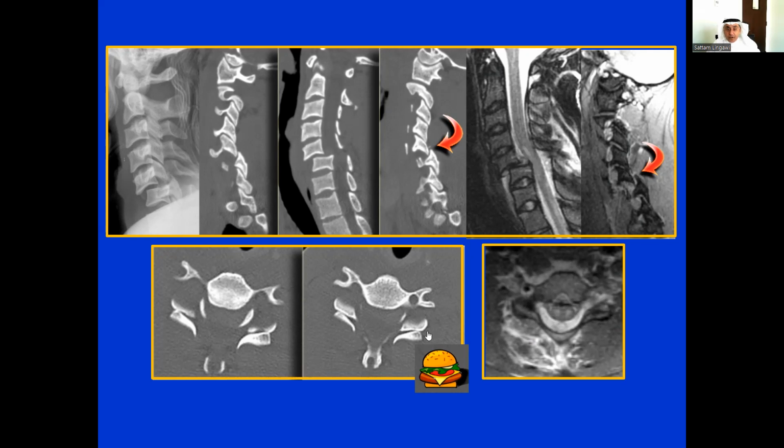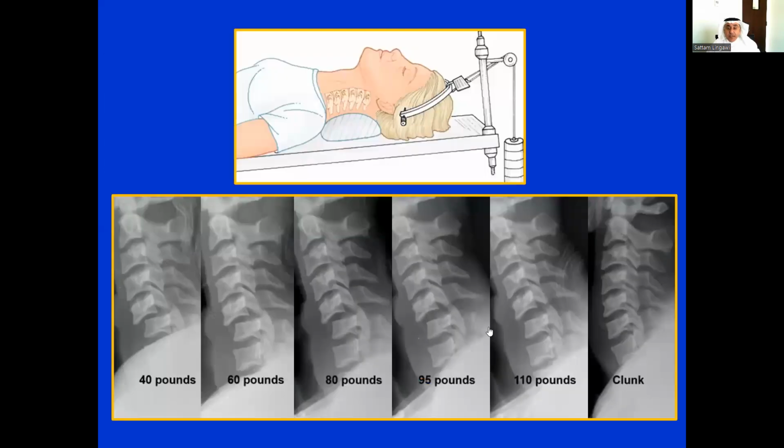Again, the facet lock. Bilateral, reversed hamburger sign. Lots of paravertebral soft tissue edema and hematoma, large intraspinal hematoma, prevertebral soft tissue hematoma, and a bilateral facet lock.